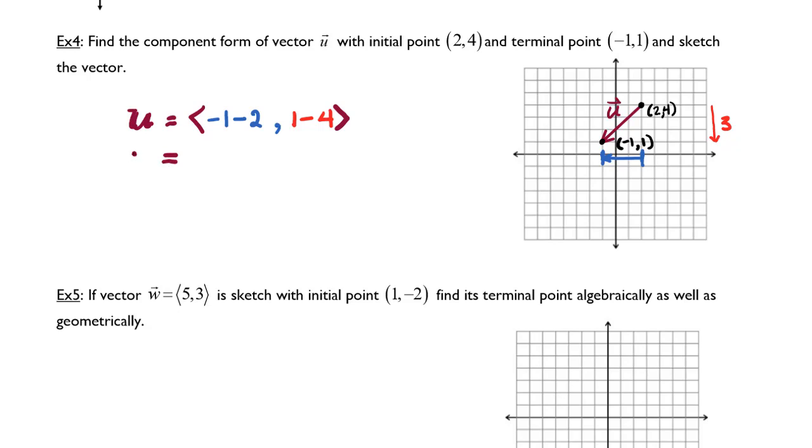This says that the vector u has components -3, -3. And if you think about this as rise over run, we have a rise of -3 and a run of -3, which makes sense.